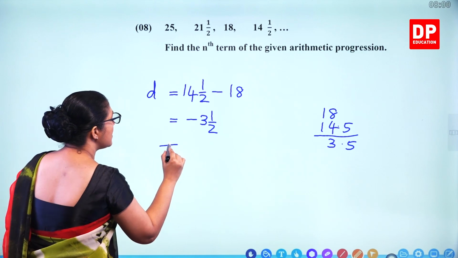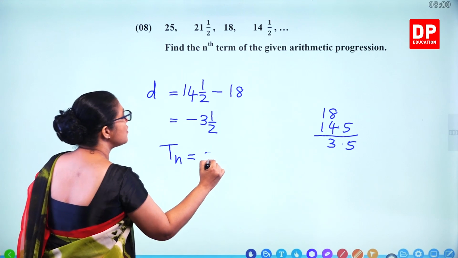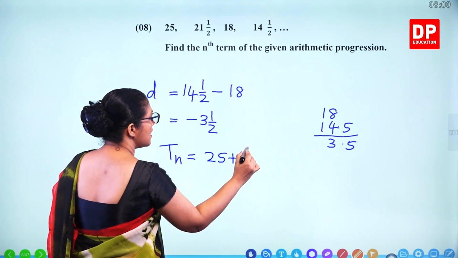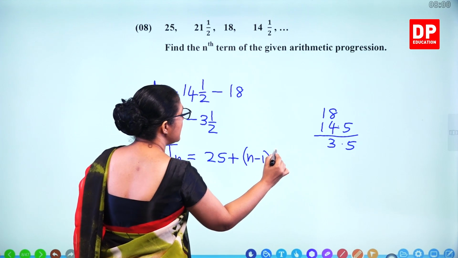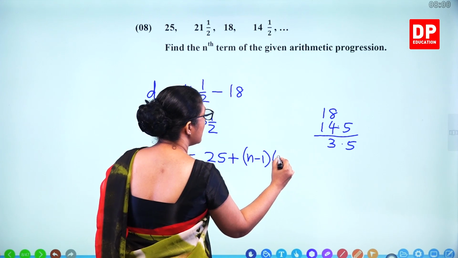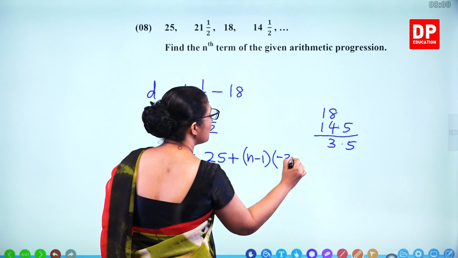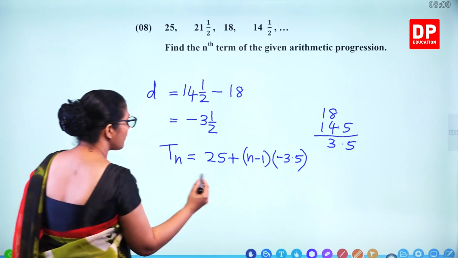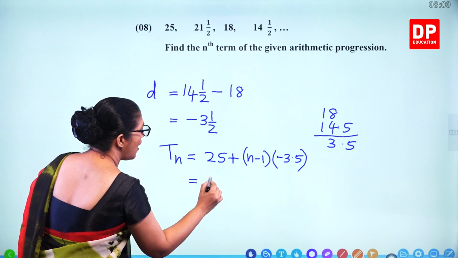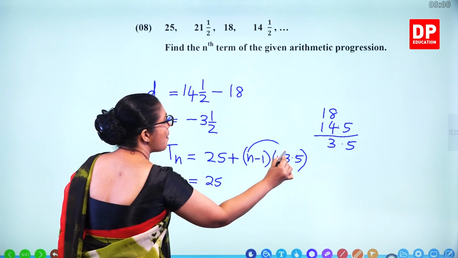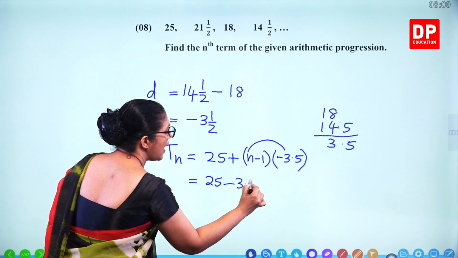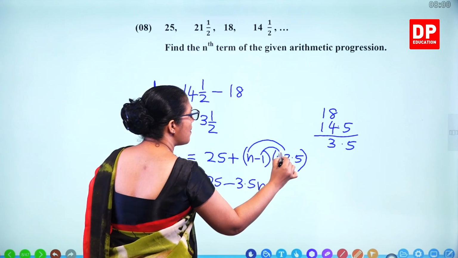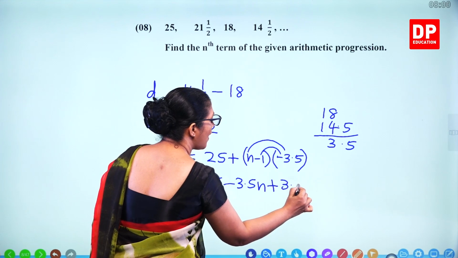So what's the nth term? First term is 25 plus n minus 1 d. d is, you can write negative 3.5. So simplify here, 25 minus 3.5 n. This one minus minus plus 3.5.